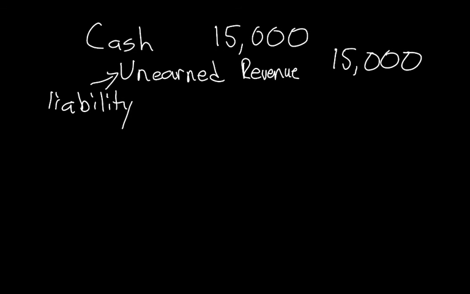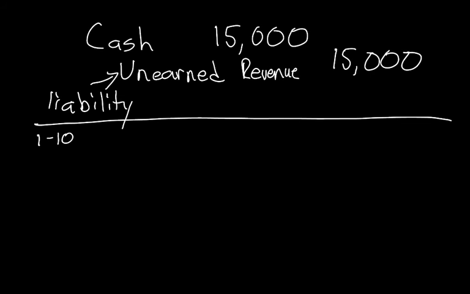So when you finally do the work, in 2014, to be specific, on January 10th of 2014, when the company receives the interest payment, they will debit their cash for the amount of interest they received, which would be, let's say, $2,000 in interest.